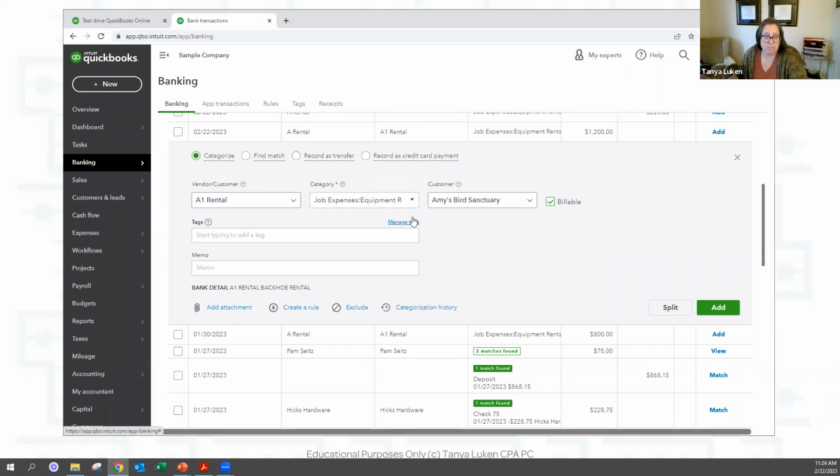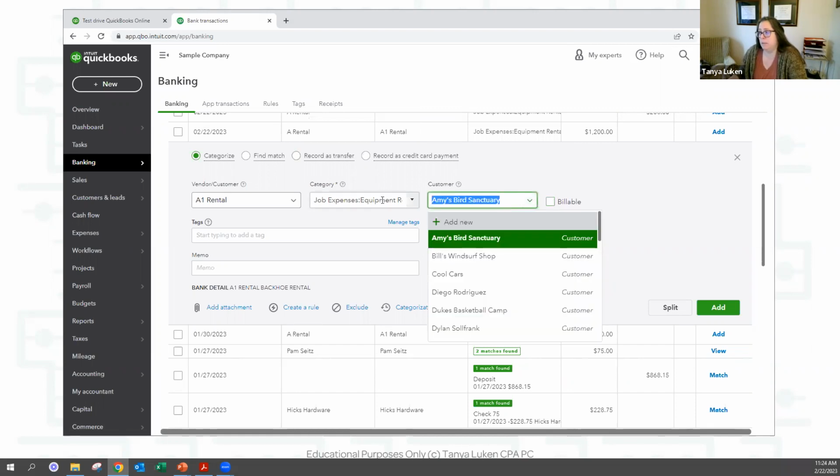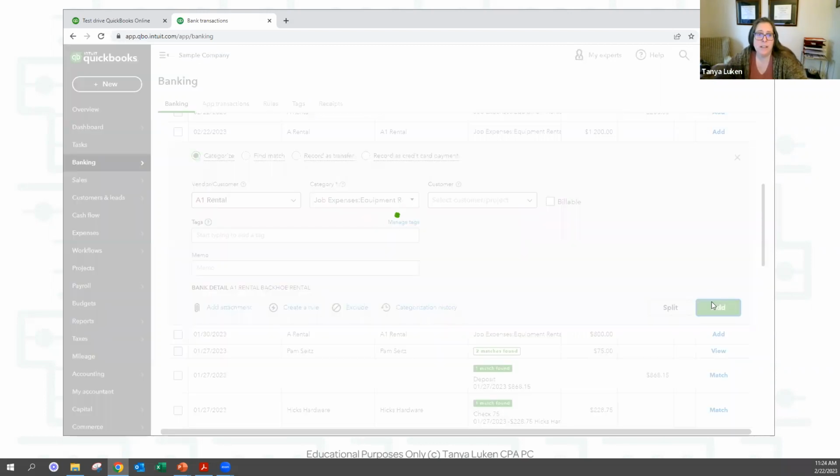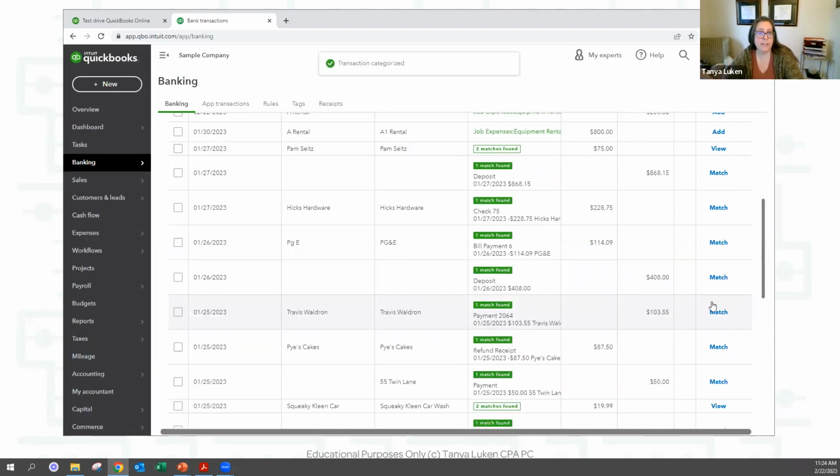But if we're just recording equipment rental and maybe we don't want to make it billable to anyone, we can just add it there as well. We're going to talk about this screen a lot tomorrow also. So just know that you can enter an expense, a check, a bill, or you can enter from this bank screen, from the bank feeds.